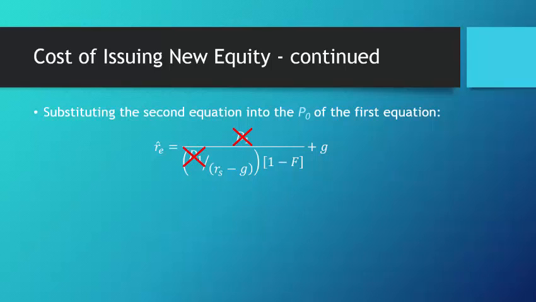The R sub S minus g in the denominator of the denominator ends up in the numerator. I swear I learned this stuff in elementary school, but I'm so old now I don't remember where. It collapses into this.